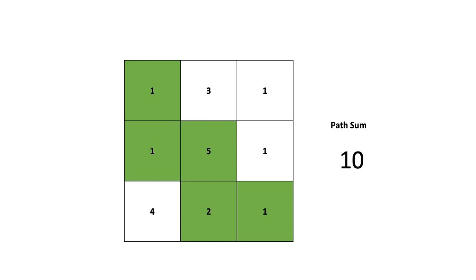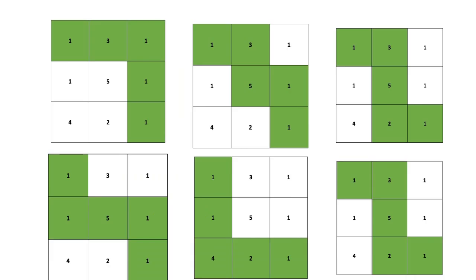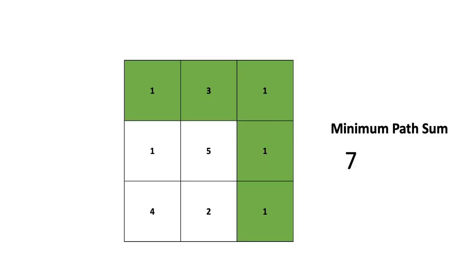The next path is 1, 1, 4, 2, 1, which has the path sum of 9. So out of the 6 paths, the path which has the minimum path sum is the first one, which has the path sum as 7. Here is the minimum path sum. Let's see how we can solve this problem.